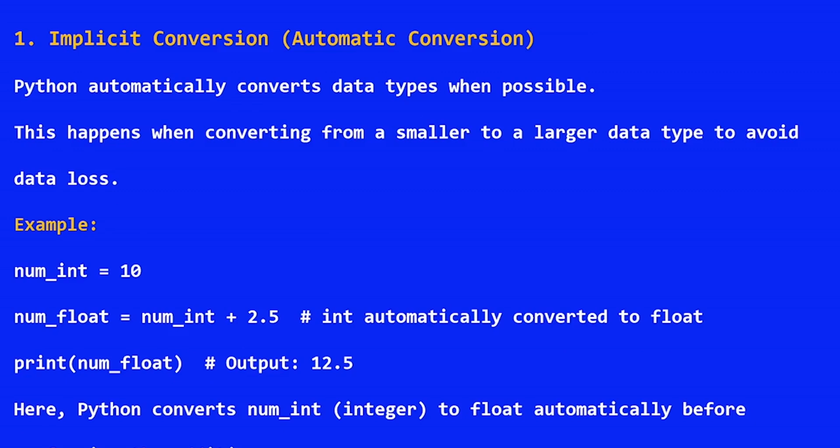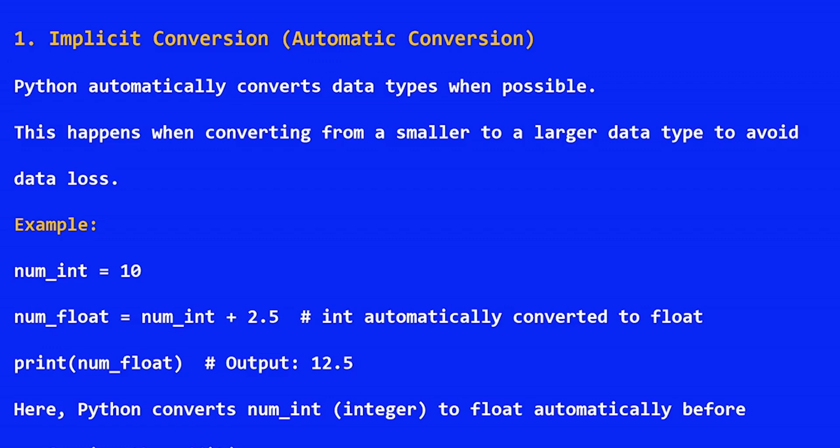So implicit conversion, or automatic conversion. Python automatically converts data types when possible. This happens when converting from a smaller to a larger data type to avoid data loss. For example, num_int is equal to 10. So num_float is equal to num_int plus 2.5.